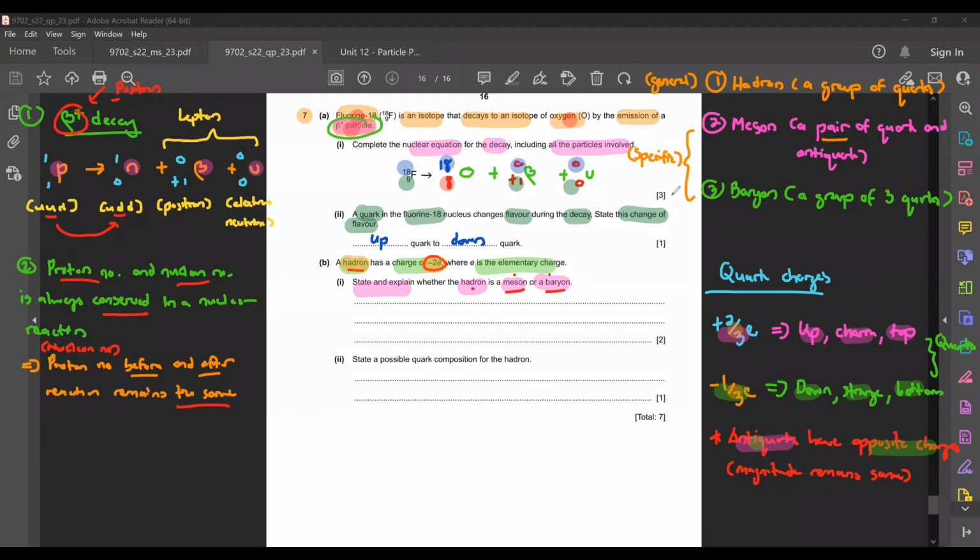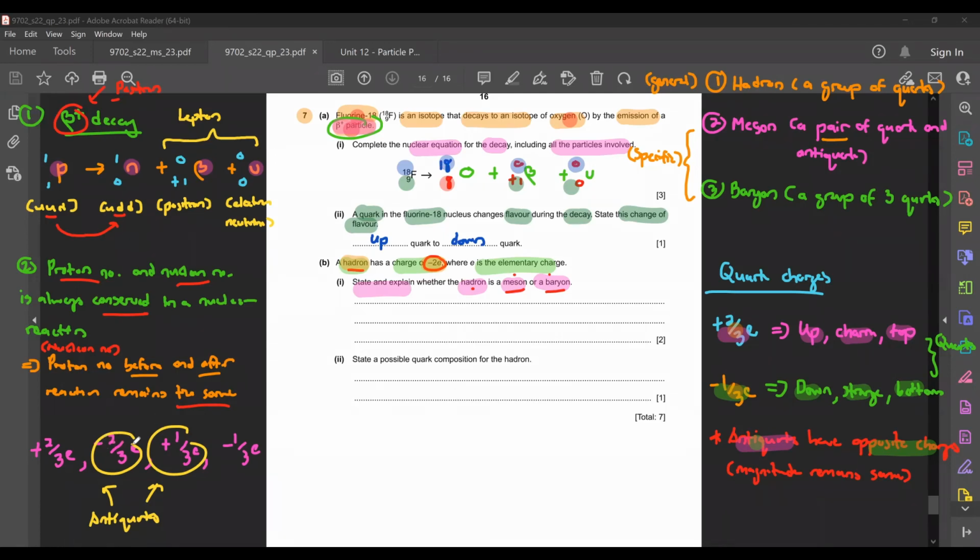We have plus 2 over 3e, minus 2 over 3e, plus 1 over 3e and minus 1 over 3e. Now, minus 2 over 3e and plus 2 over 3e are actually from your anti-quarks. Okay, so what is the largest possible negative fractional charge that we have?